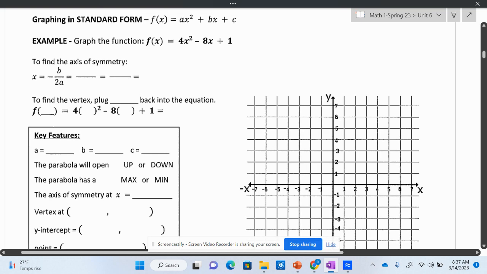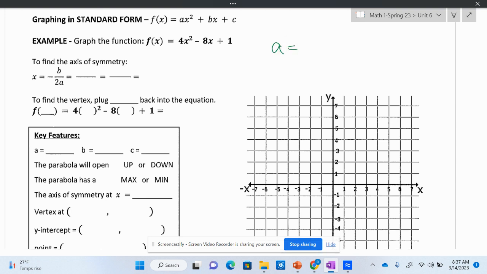Tell me, is A positive or negative? It's positive. A is positive. That means that my graph is going to look like a smile.